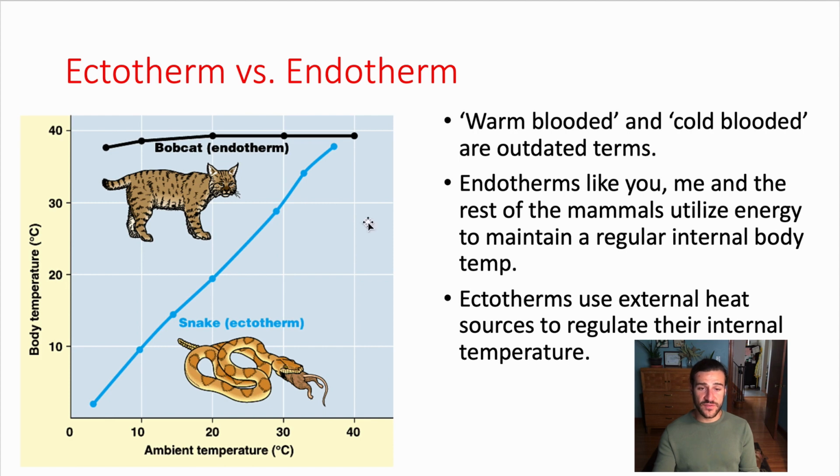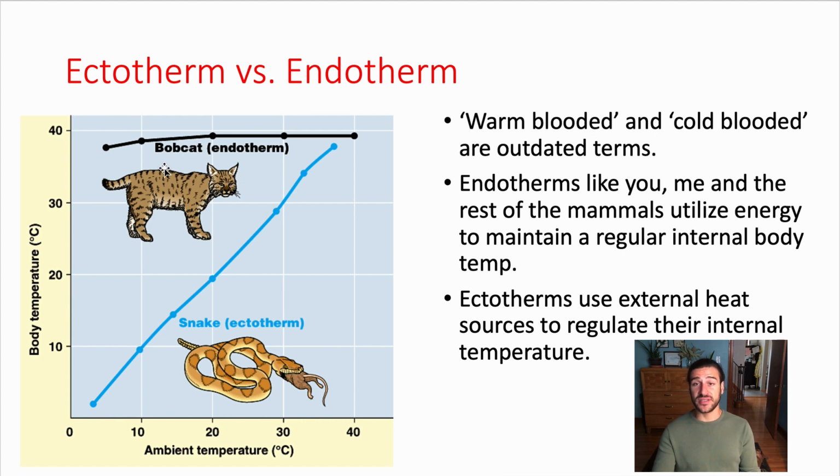So I love this figure. This shows the difference between ectotherms and endotherms. A snake is an ectotherm, and its body temperature varies with the outside temperature, right? An endotherm can maintain its body temperature in different outside temperatures.